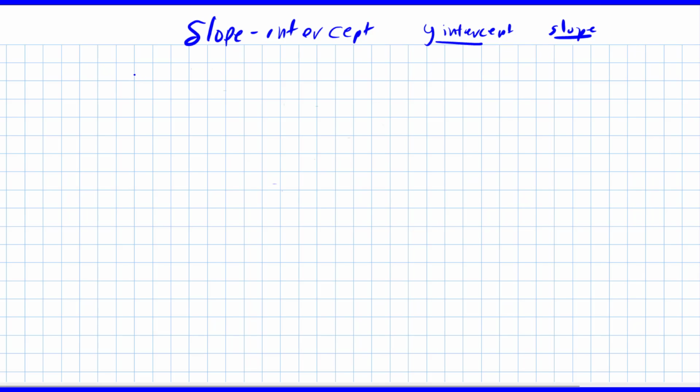So let's start out with an equation 5x minus 4y equals 16. So we want to get it in slope-intercept form, right? Which is y equals mx plus b, where that m represents the slope and that b represents the y-intercept.